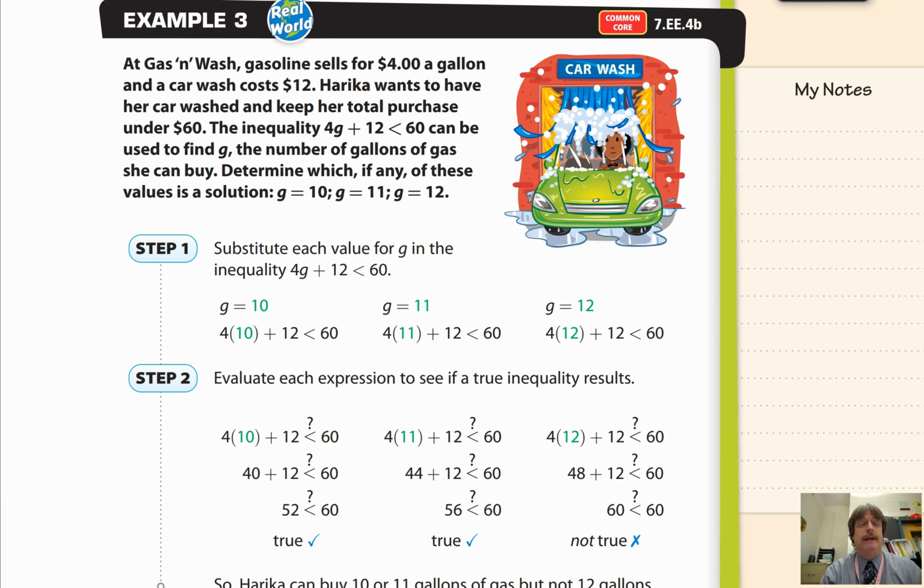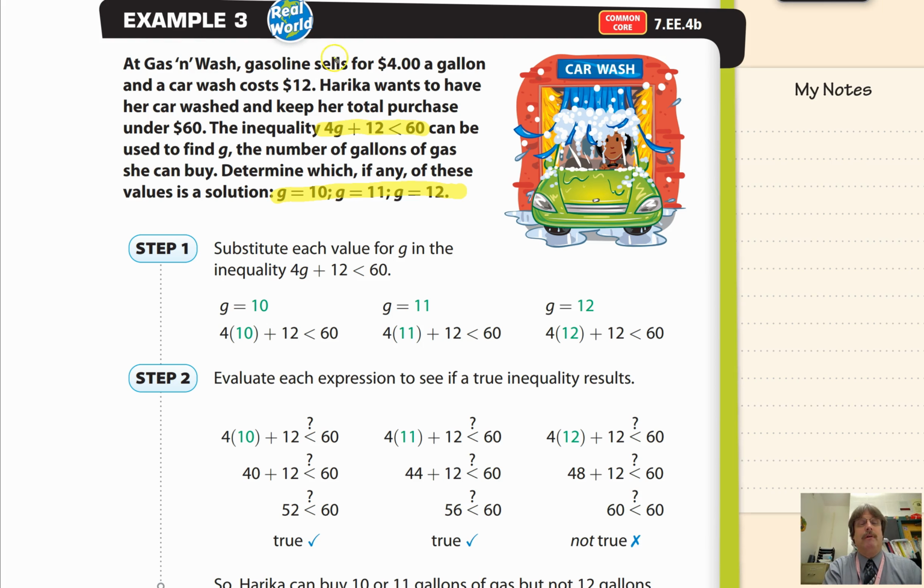In example 3, we're going to determine if the given values, which are showing up down here at the bottom of the word problem, are solutions to the inequality right here.